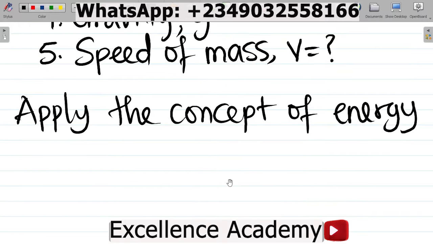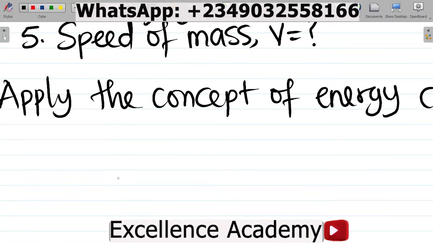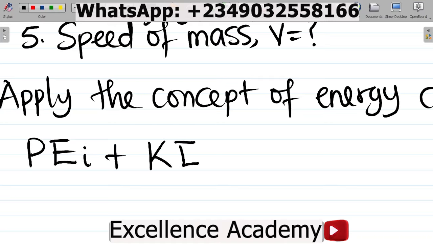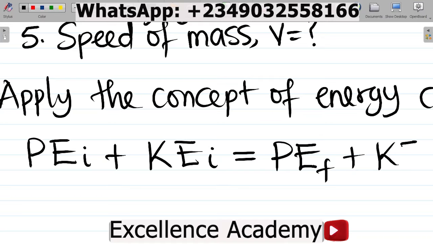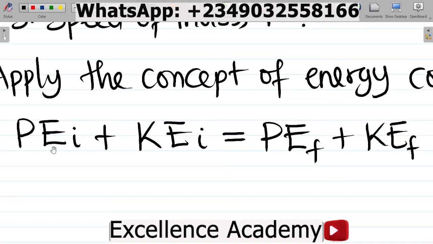For this concept, it's very simple. The potential energy, PE, at the initial stage plus the kinetic energy at the initial stage is equal to the final potential energy, that's F, plus the kinetic energy at the final stage. So basically, the initial potential energy plus the initial kinetic energy is equal to the final potential energy plus the final kinetic energy.